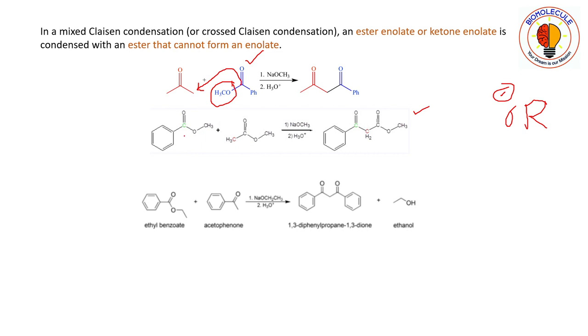So this compound has alpha hydrogen. This compound, this ester group, does not contain any alpha hydrogen. So you just eliminate this OR portion over here, this alkoxy portion, and the remaining part you go and add to this alpha carbon.